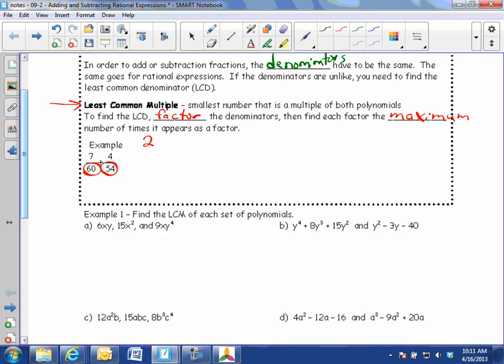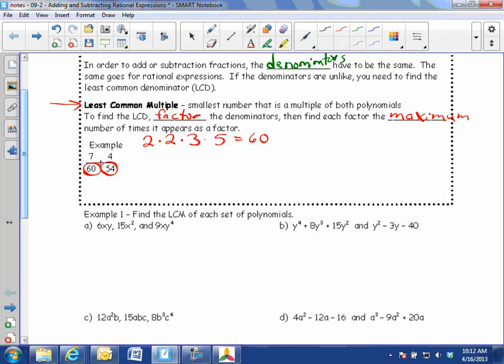We pull out another 2, and another 2. What else can we pull out? 3. What else? 5. Because 5 times 3 is 15, 15 times 2 is 30, and 30 times 2 gives us 60. So we factored it all down into primes. You could have done a little tree.